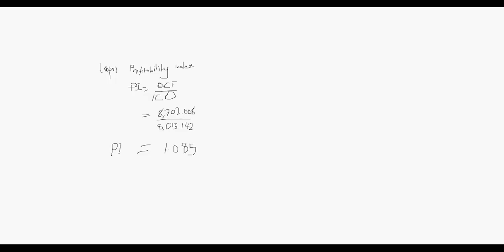So we can just round it to 1.1. So this is the profitability index. How do we tell whether the project is profitable or not? So I told you that the criteria is to accept a project which has got a profitability index of more than 1. So this is more than 1, as you can see, 1.1. So accept the project.